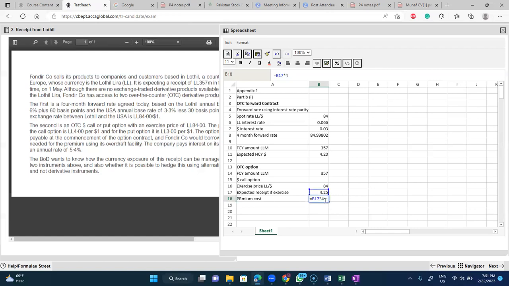This is in dollars. This is in LL. And convert the premium in dollars into home currency. What is today's spot rate? That is also 84, over 84. So this is the premium cost. Guys, this is the premium cost.